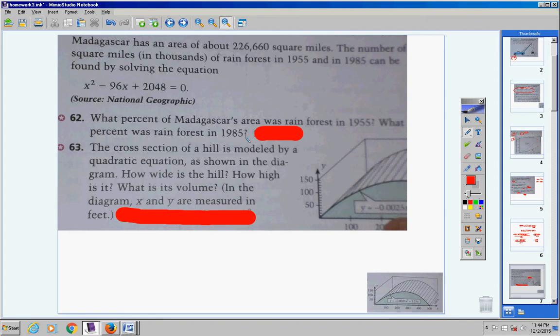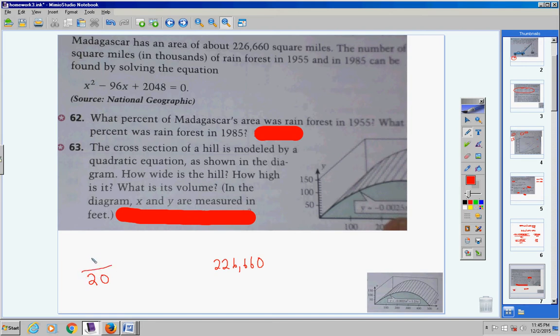So, we know the total square mileage in Madagascar is this. Okay? Look, if I said to you there's 20 people in the class, and what's the percentage of females?